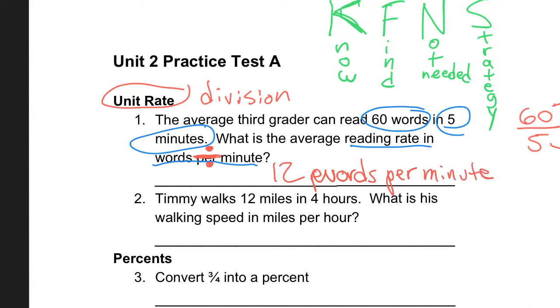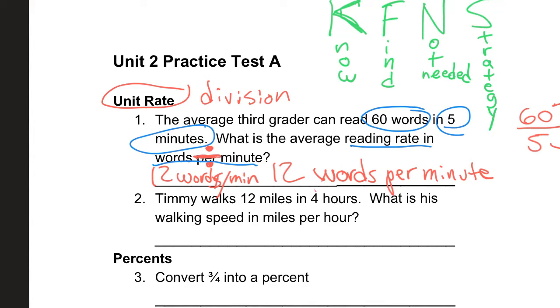Or I could also write it this way: words, a little slash, and then abbreviate minute. 12 words per min. So I've got 2 different ways I could write that. Everybody complains about my writing, so let me just fix it. All right, 12 words per minute.